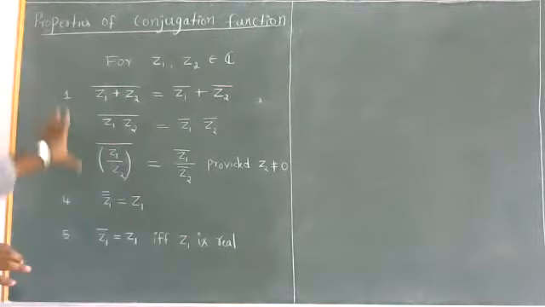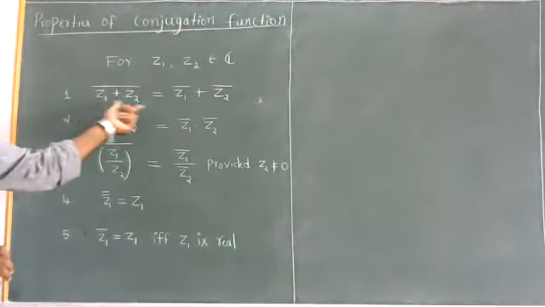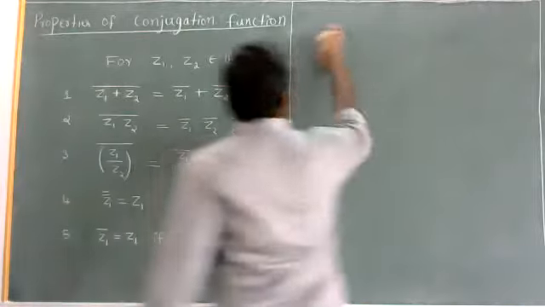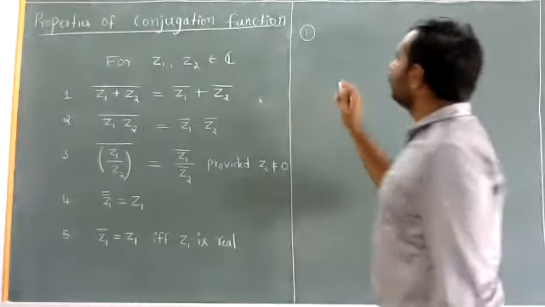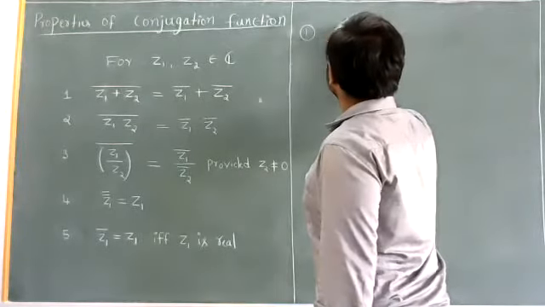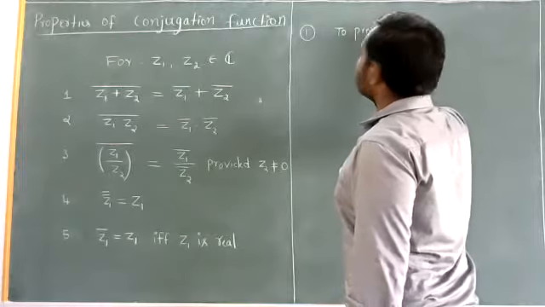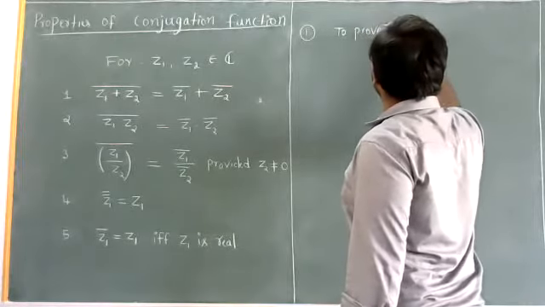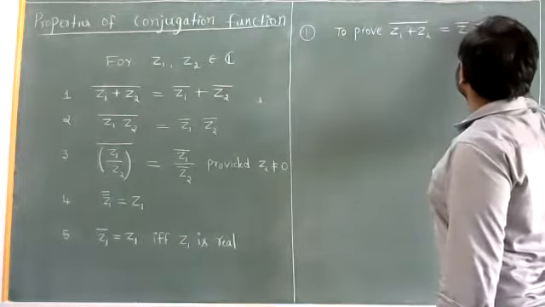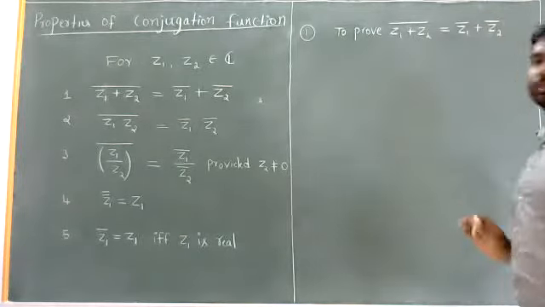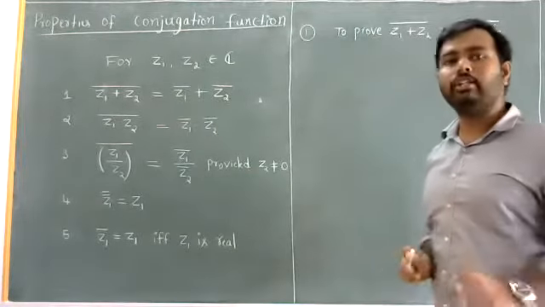We can prove these 5 properties very easily, just following steps. So first we shall try to prove the first one, to prove z1 plus z2 whole bar is z1 bar plus z2 bar. To prove this, we have z1 and z2, any two complex numbers.